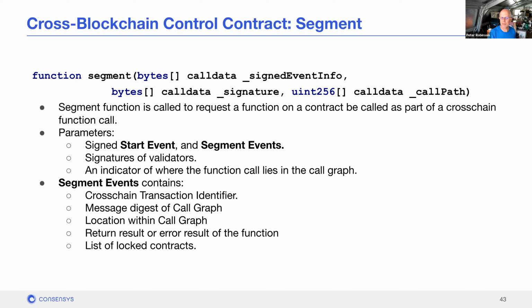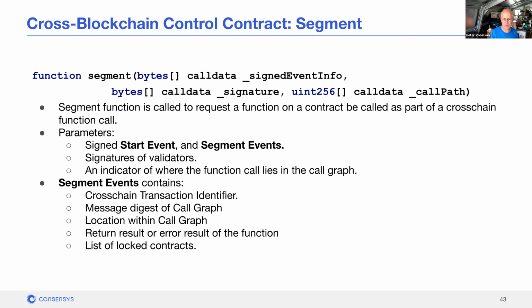So for instance, you remember there was a get price which returned a value. You would have the one-up function from that would need to have the segment event with the return value from the get price function, and then you would bring that in. And so you would have signatures of validators from the other blockchains, from the blockchain the start event executed on and the segment events executed on, so that those events can be validated. And as well, you need an indicator of where does this segment fit within the overall call graph.